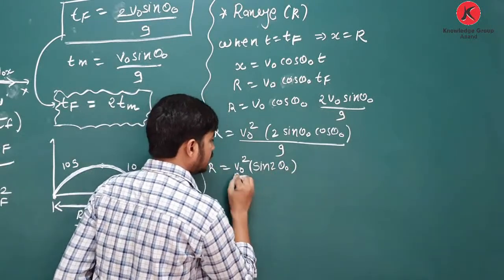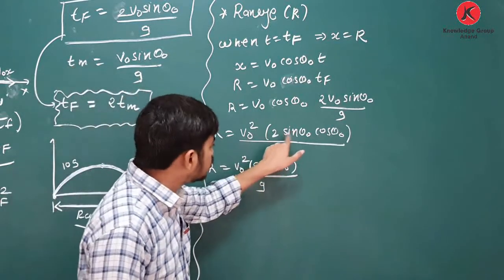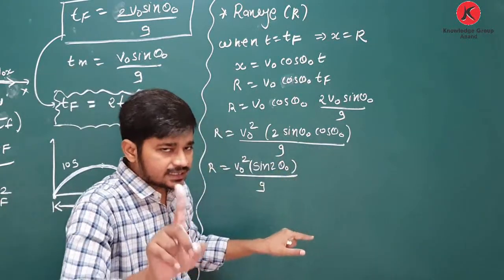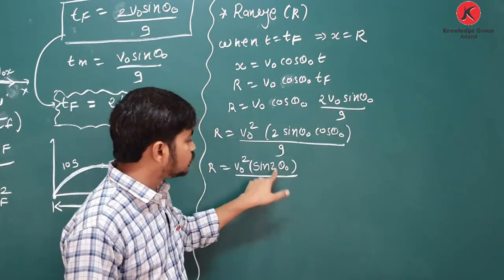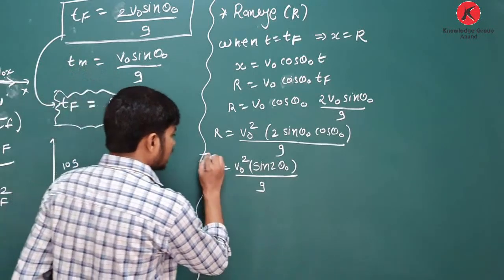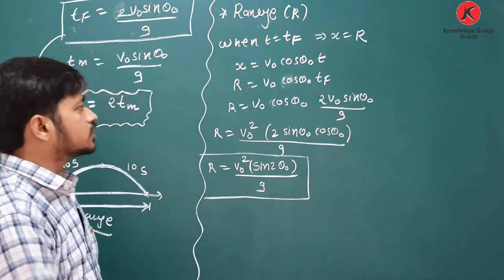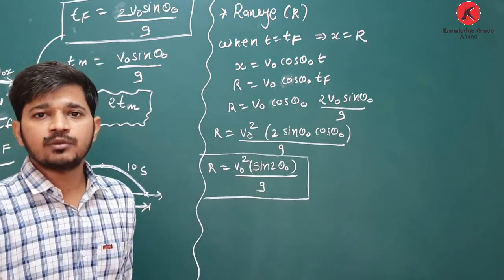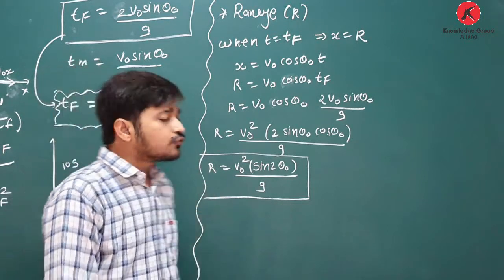If the angle is the same, 2 sin theta cos theta is equal to sin 2 theta. So yes, it is the equation of range. Clear about this? You have to remember 4 equations.